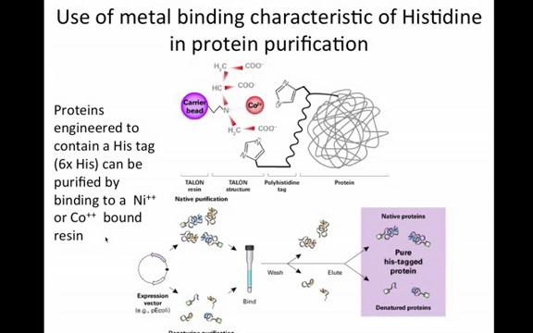So this was known, and it's been used to come up with a way to purify proteins. So what you do is, when you clone your gene of interest into your expression vector, you engineer it to contain a his tag, which has multiple histidines, usually 6 histidines in a row.